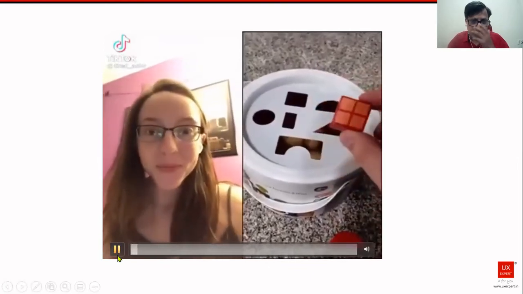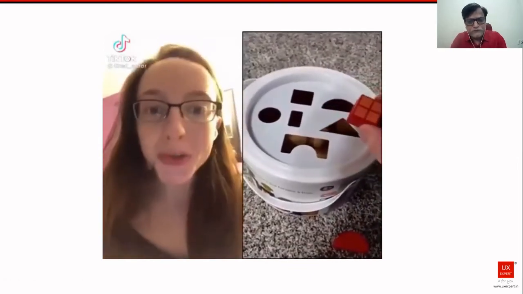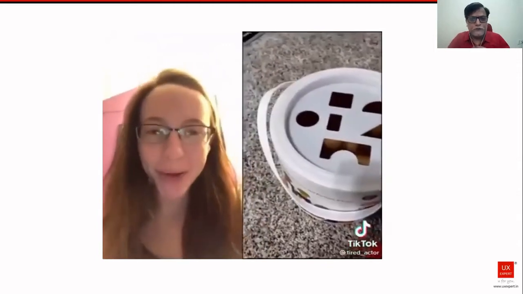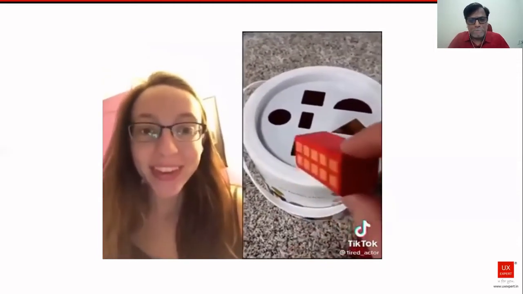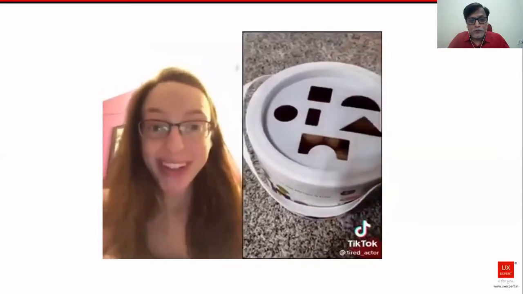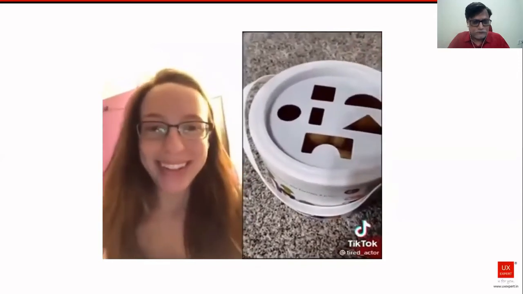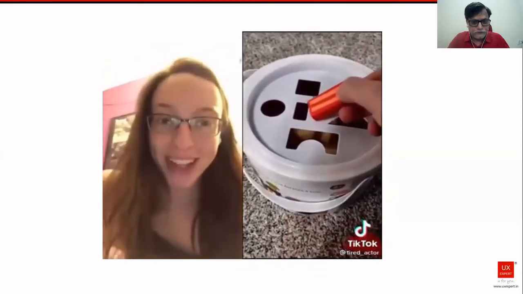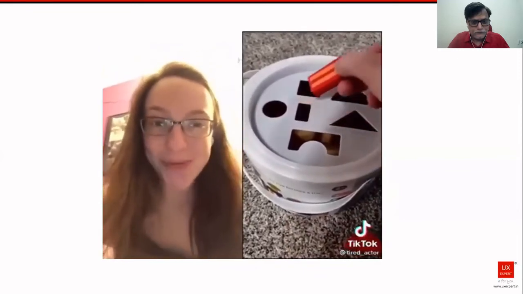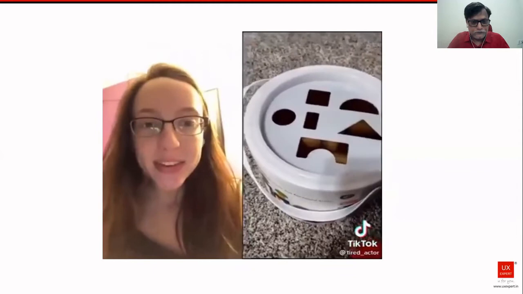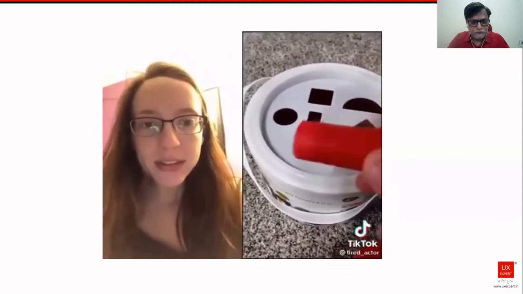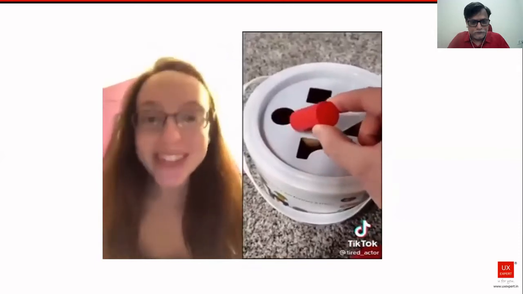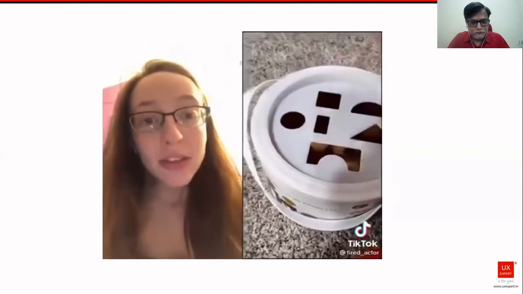This is a square. Can you guess which spot that goes in? The square. That's right. It goes in the square hole. Okay, and how about this rectangle? That one also goes in the square. Up next, we've got this thin rectangle. You guess where that goes? The thin rectangle. That's right. It goes in the square hole. And up next, a cylinder. The circle. I think that goes in the square hole.